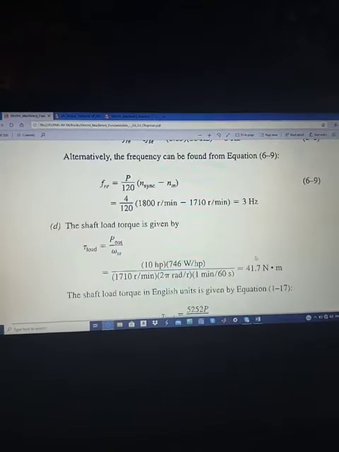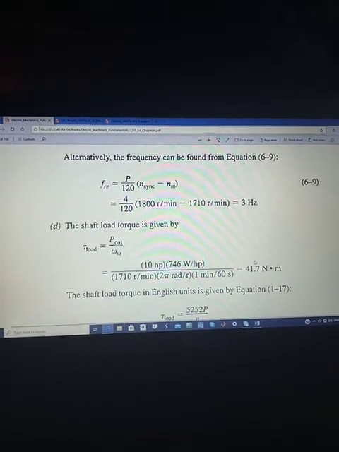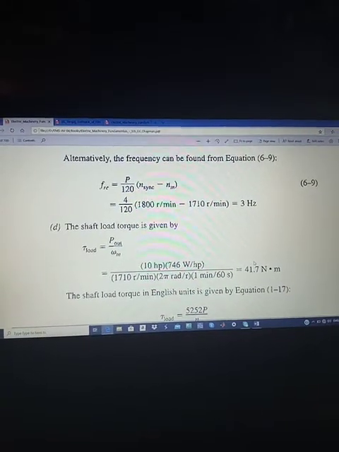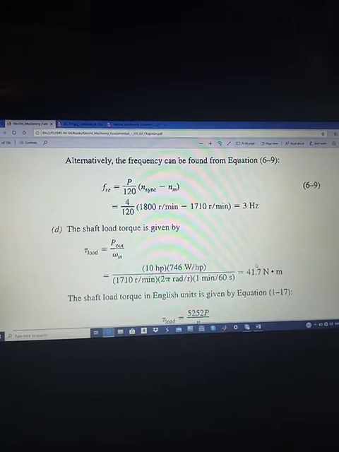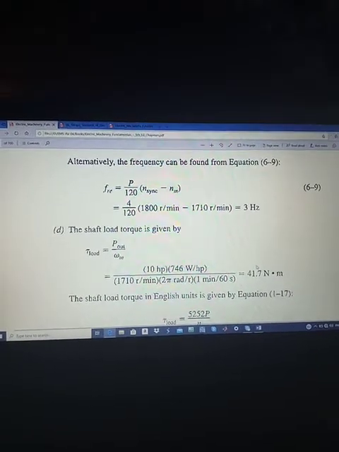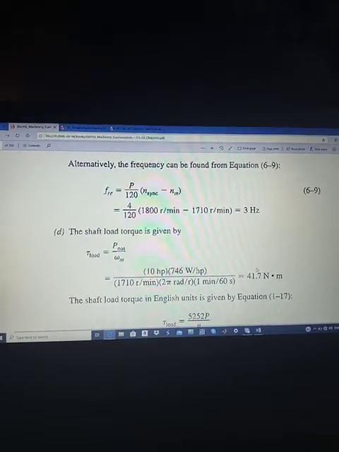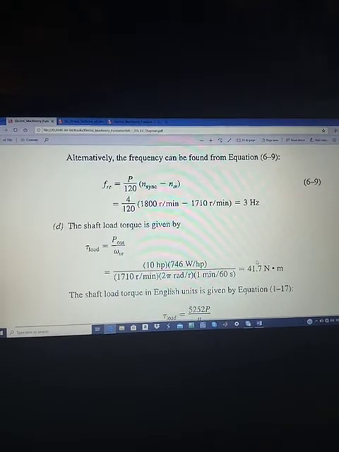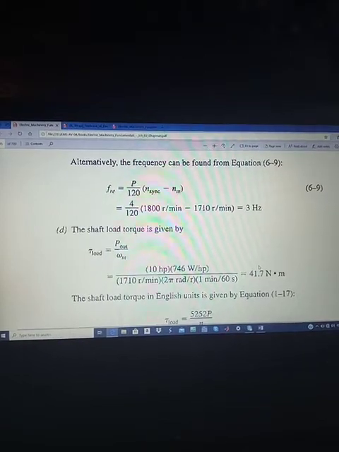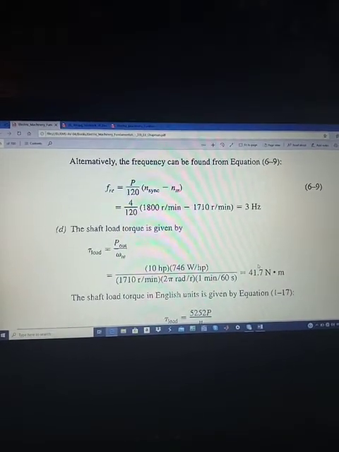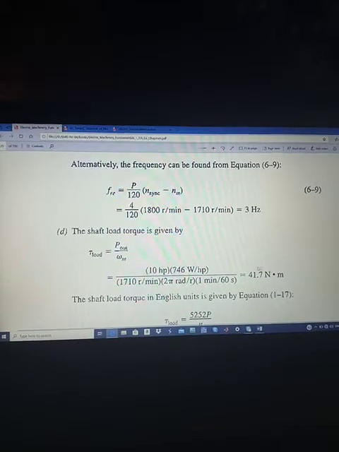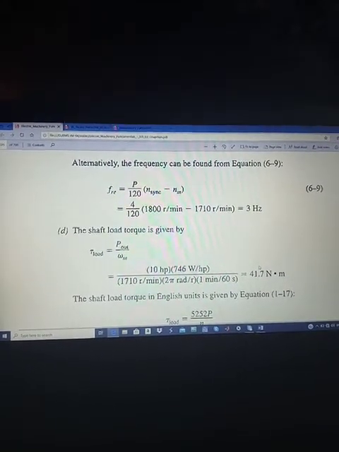In part D, we are asked to calculate the output torque or load torque. We know that the load torque is the output power divided by omega m, where omega m is the rotor speed in radians per second, while we have found the rotor speed in revolutions per minute. Now we have to convert revolutions per minute into radians per second.